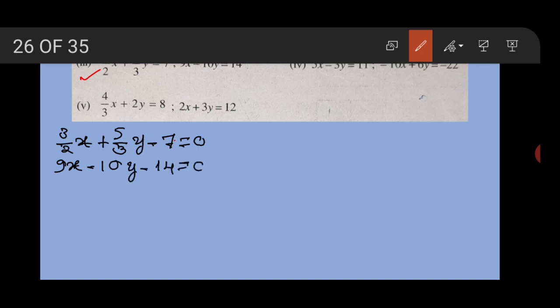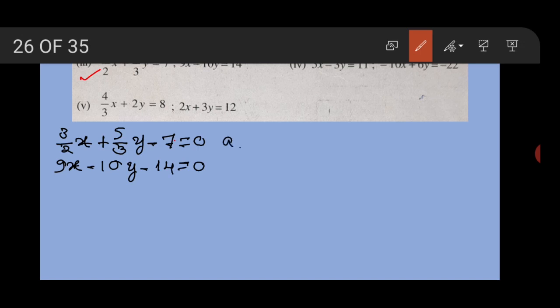3 by 2x plus 5 by 3y minus 7 is equal to 0, and the second equation is 9x minus 10y minus 14 is equal to 0.